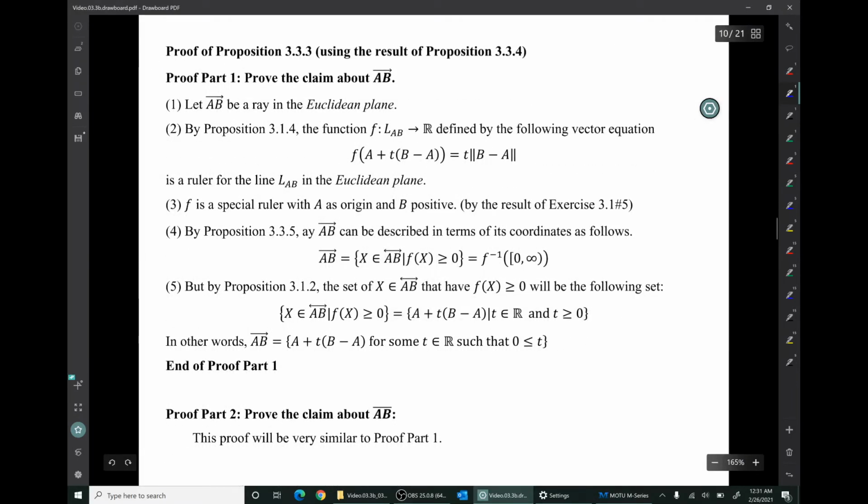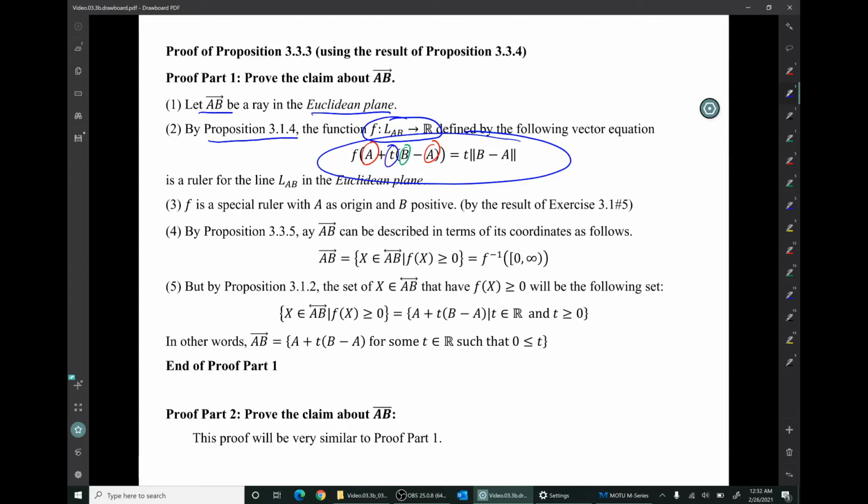So here's the proof. Let AB be a ray in the Euclidean plane. By earlier proposition 3.1.4, we know that we can build a ruler for that line AB using this vector equation. We take point A, we put it there and there. We take point B and put it here, and then we have a parameter here. Remember, every one of these things corresponds to a point on that line.